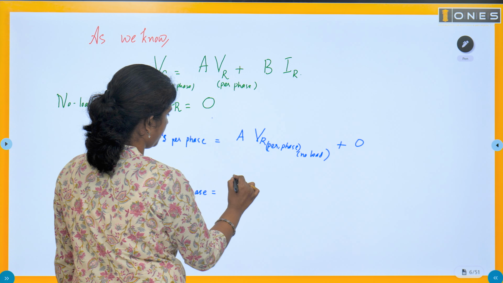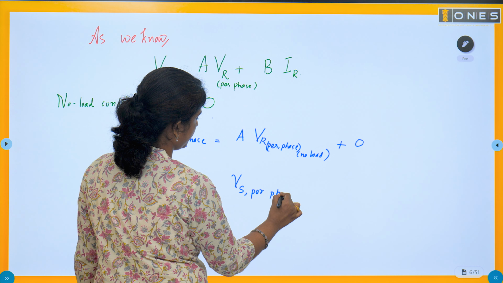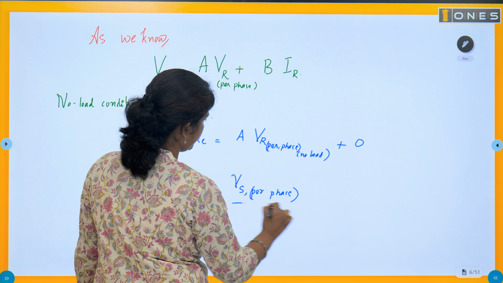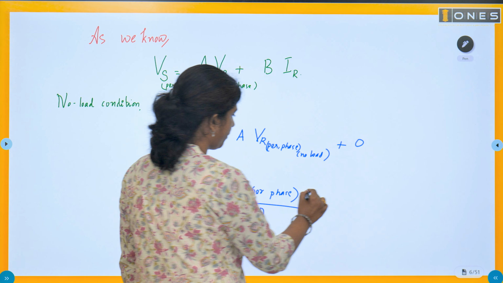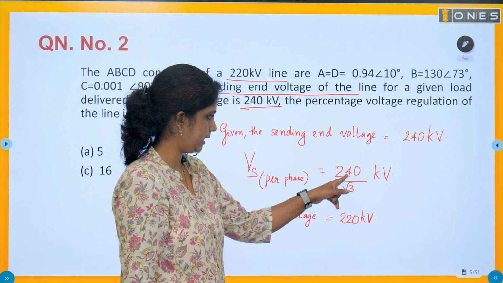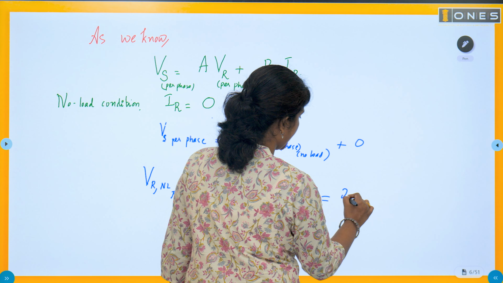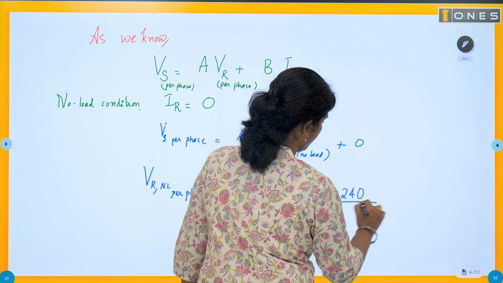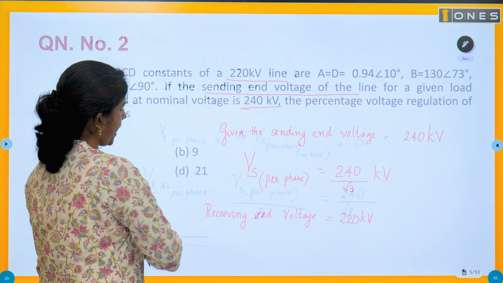We have Vs per phase divided by A. This is 0, right? So Vs per phase we have already written as 240 by root 3. So we just equate: 240 by root 3 divided by A. What is A?